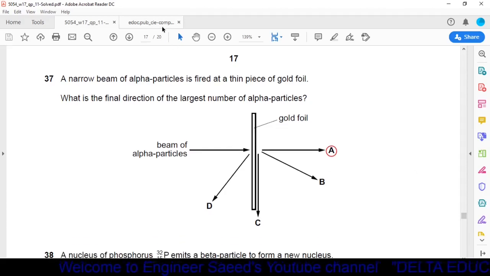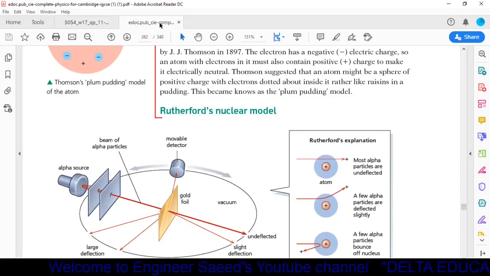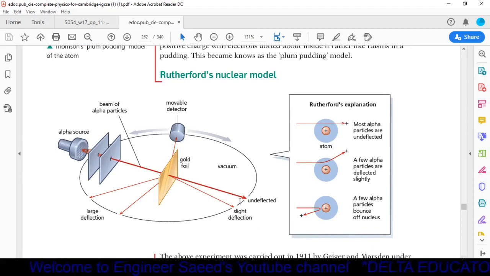Okay, this topic is related to the Rutherford experiment. In the experiment, alpha particles were bombarded on a gold foil and it was observed that most of the alpha particles are undeflected. They move in a straight line, without any deflection.